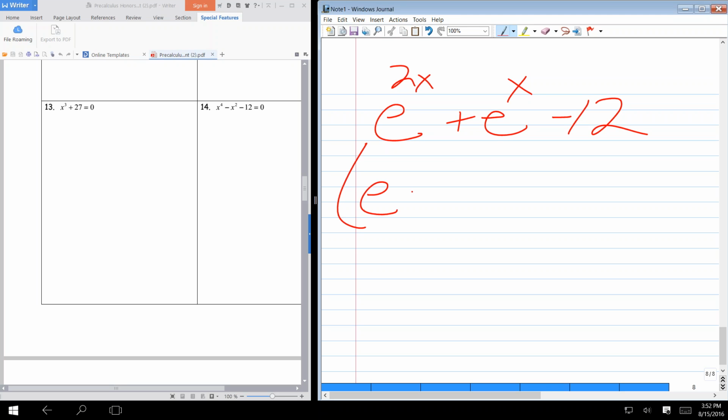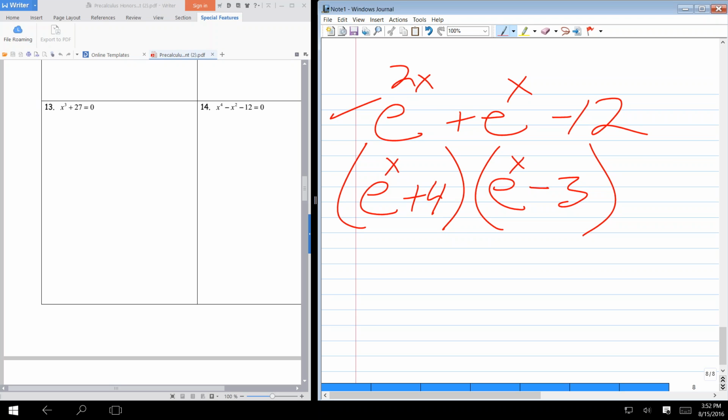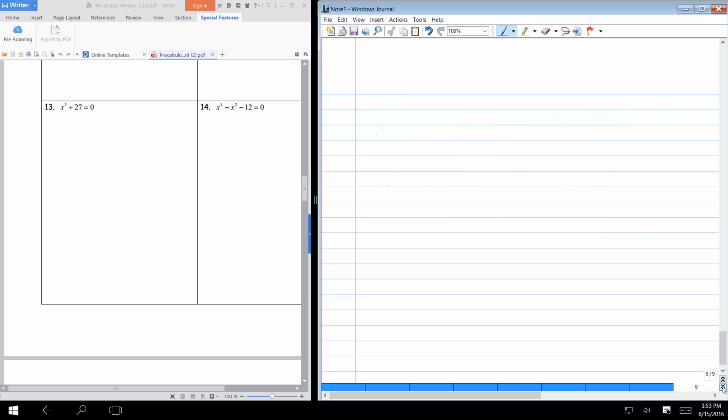In other words, I know that this has got to be e to the x plus 4 times e to the x minus 3, and it produces this quadratic. Excuse me, apologies. That produces that quadratic. And then you have to solve each of these separately. But I won't spend a lot of time on that because I know you just want to get to your problems. What else?